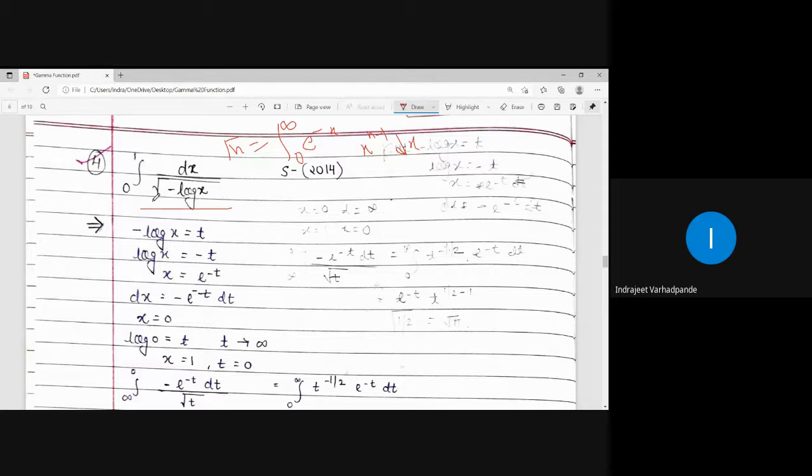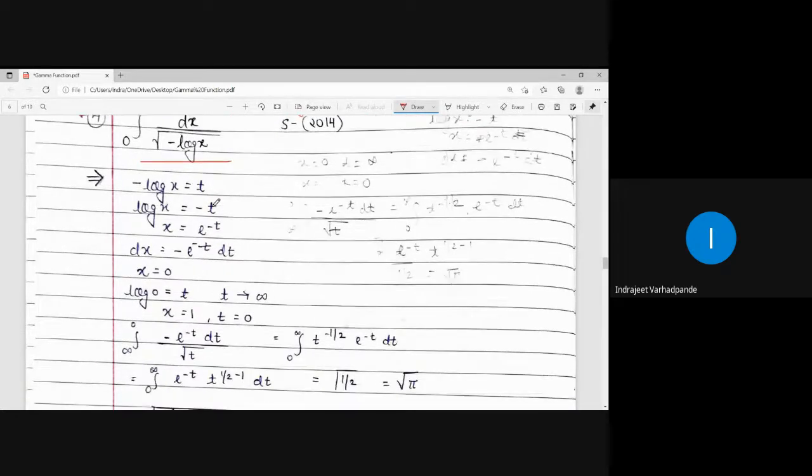So as we all know, in the definition of the gamma function, we want exponential term. To remove the log, we will have exponential, right? So accordingly, from proper substitution, I can try to convert the given integrand into the terms required for the gamma function definition.